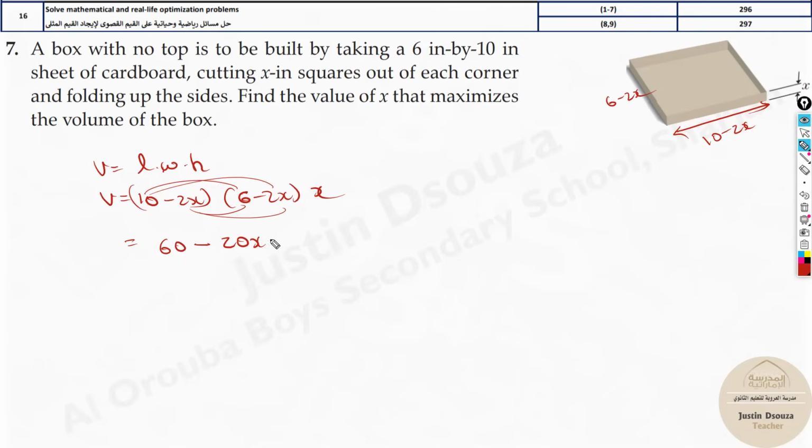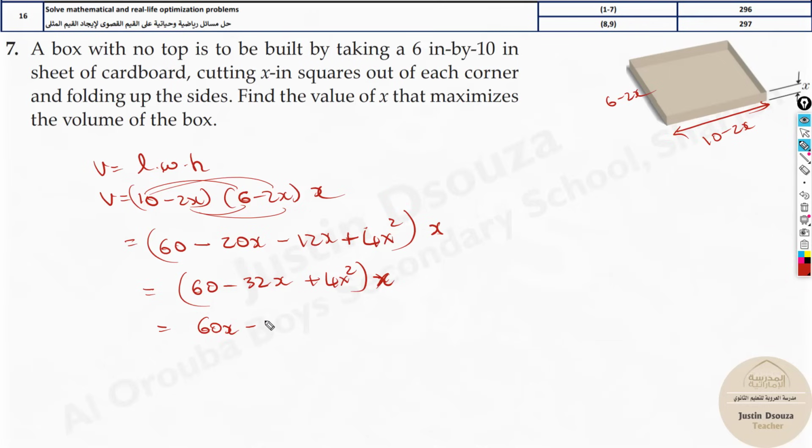Then this term will be minus 12x, and minus times minus will be plus 4x squared, all multiplied by x. Over here you can simplify: 60 minus 20x minus 12x is minus 32x, plus 4x squared. All of this is multiplied with x, so now multiply the x inside. It will be 60x minus 32x squared plus 4x cubed. This is the volume with respect to x.